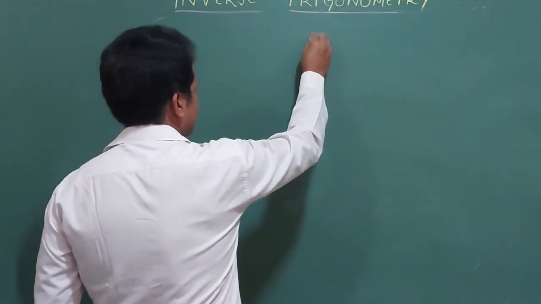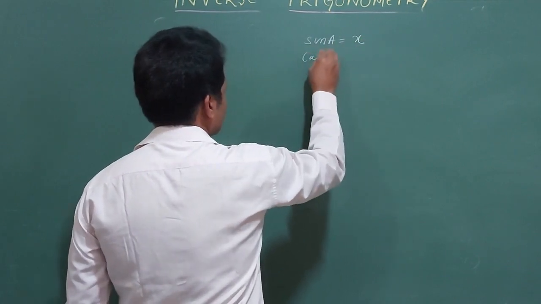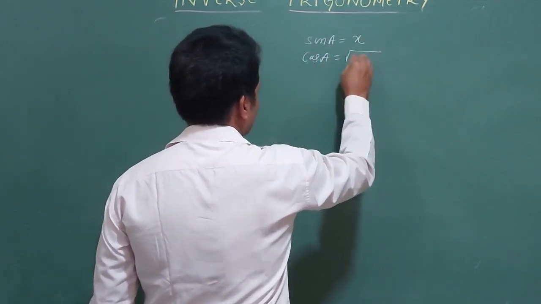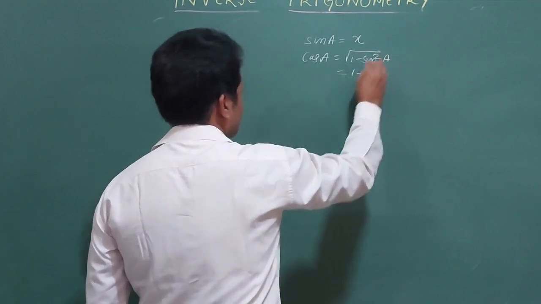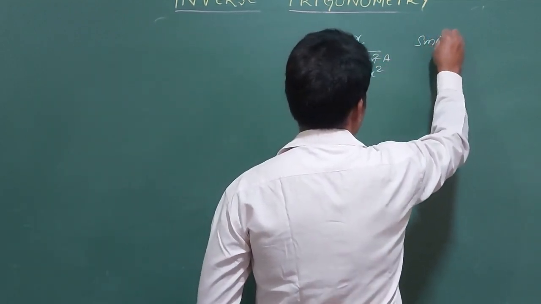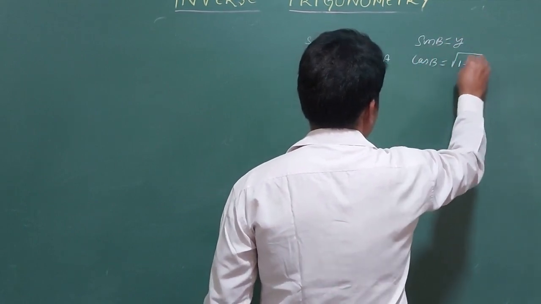Suppose I take sin A equal to x, then cos A is equal to under root 1 minus x square. If I take sin B equal to y, cos B is equal to under root 1 minus y square.